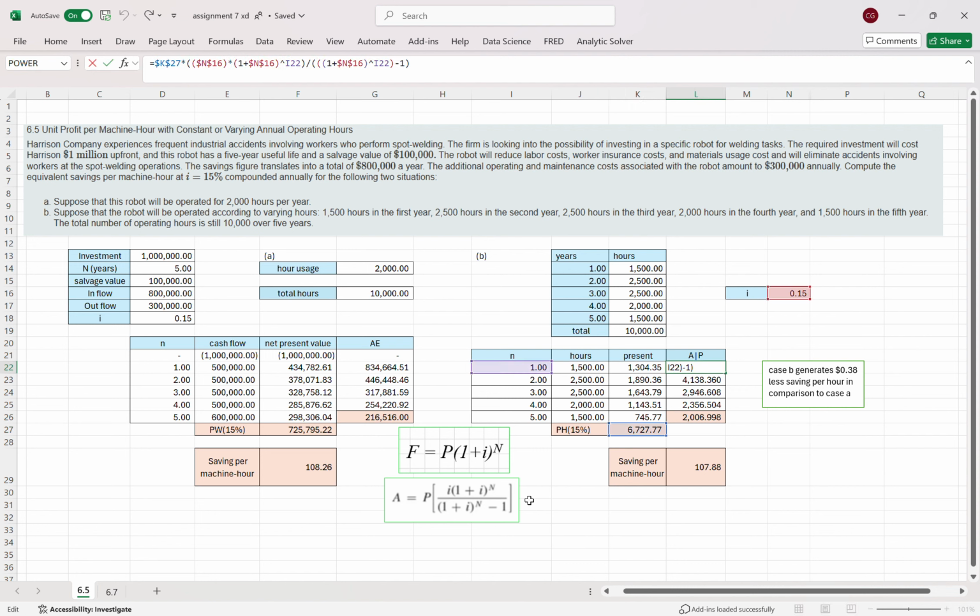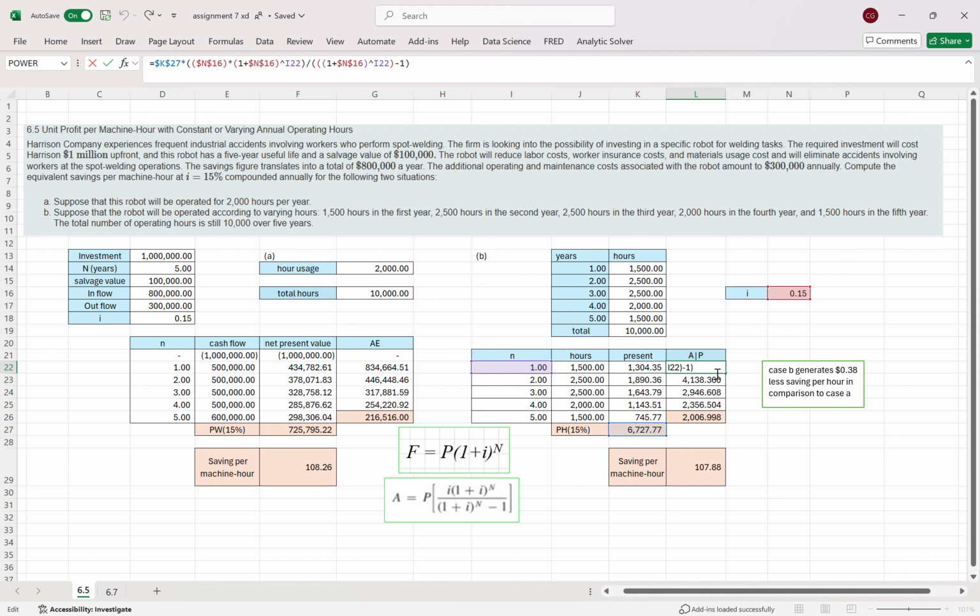So like I said, I used the capital recovery formula. For my P, I used the PH as I set it up in the formula at the end, the PH value of 6,727.77 hours. For my I, I used the same 15%. For my N, I used the corresponding period for that row.